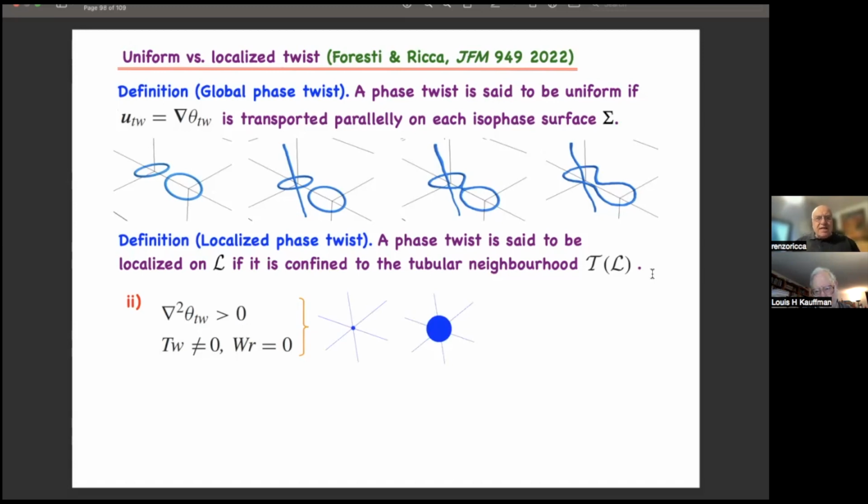We still see the isophase surfaces going straight away, but very, very locally, a kind of spiral structure emerges. So away from the defect, it appears there is no global twist, but very close in the neighborhood of the defect, we can see some localized twist.